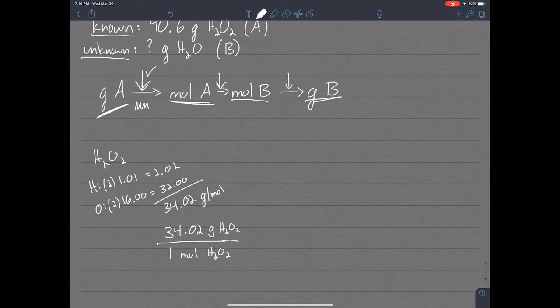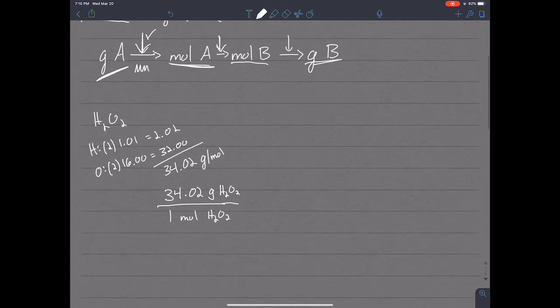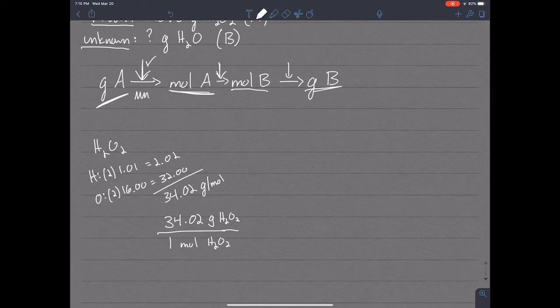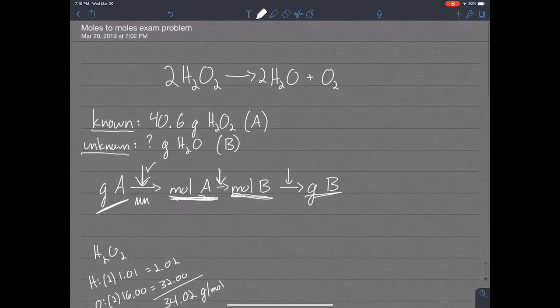Okay, and that will enable us to get into moles of H2O2. Now we need to get from moles of one thing to moles of another. So there we just use the molar ratio, like I just talked about from the s'more example. For this one, we're going from H2O2 to H2O. So here's H2O2, here's H2O, and here are their ratios.